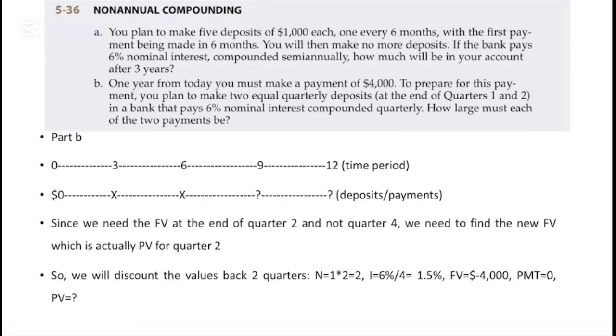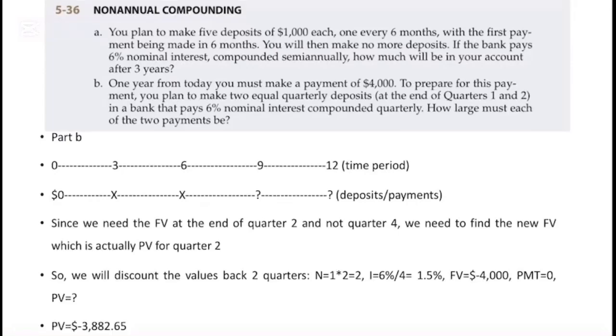For the interest rate we will divide 6%, the nominal interest rate, by the 4 quarters, so the interest rate turns out to be 1.5%. The future value here is $4,000, the PMT is 0, and we'll find the present value.